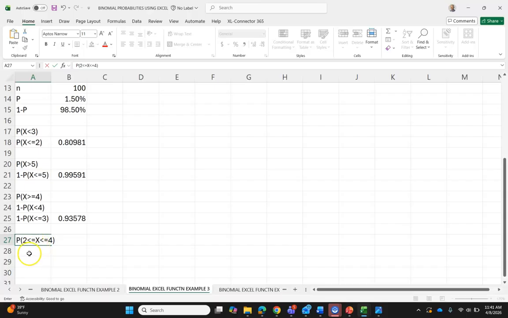Please understand this. I didn't mention it when we were learning how we can convert different forms of the probability to fit into exact and at least. So here you can see that we have the probability of 2 less than or equal to X. Let me define one after another. So we have the probability of X greater than 2.